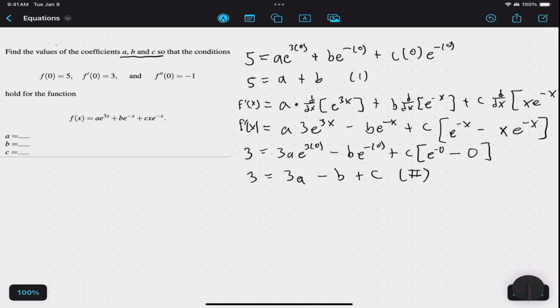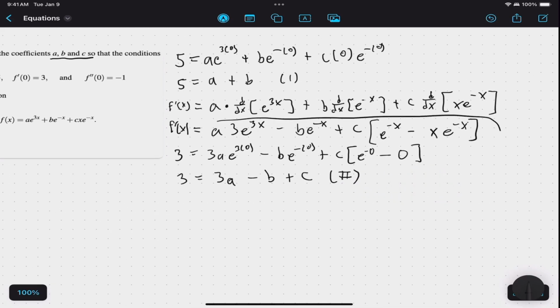Now we're going to find the second derivative. And to find the second derivative, we take the derivative of this.